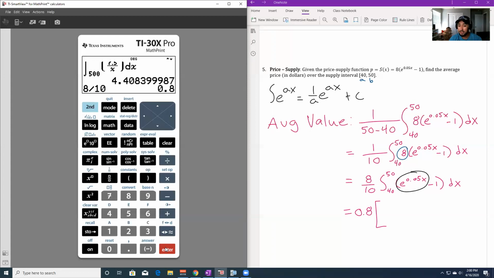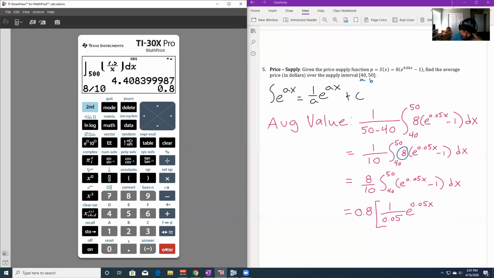So the integral is 1 over a times e to the ax. A represents the number in front of that x. So our a value here is 0.05, which means the antiderivative is going to be 1 over 0.05 times e to the same exact thing, 0.05x. Not bad, huh? That's it. That's what that became.